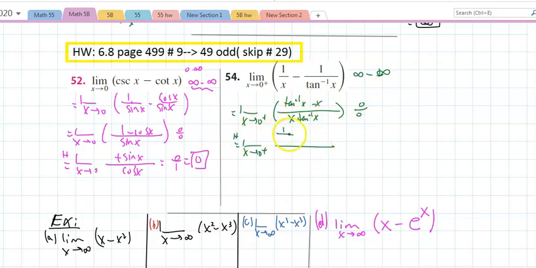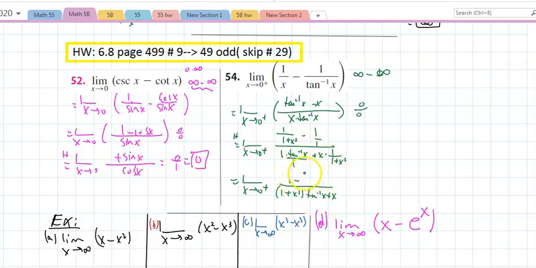Derivative of the top is 1 over 1 plus x squared minus, by the product rule, 1 times inverse tangent of x plus x times 1 over 1 plus x squared. This is the limit as x approaches 0 from the right. The LCD is 1 plus x squared. Clear the fractions. That is 1 plus x squared times inverse tangent of x plus x.